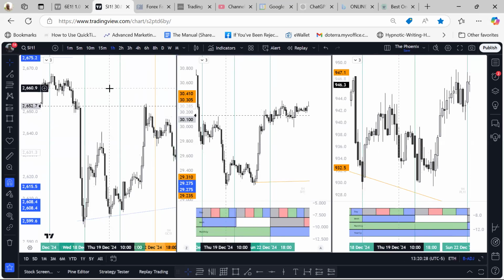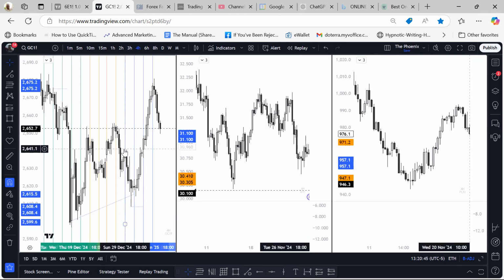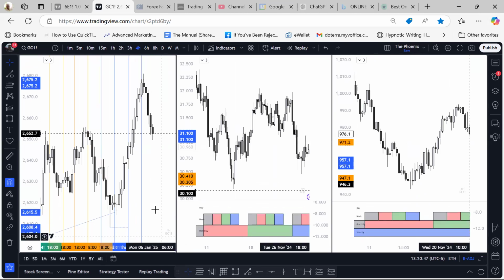Let's use the key levels, the highs and lows, the imbalances. Let me see if I can find an example with the imbalance to show you. Let's use a 4-hour. So we're going from internal range to external range liquidity.